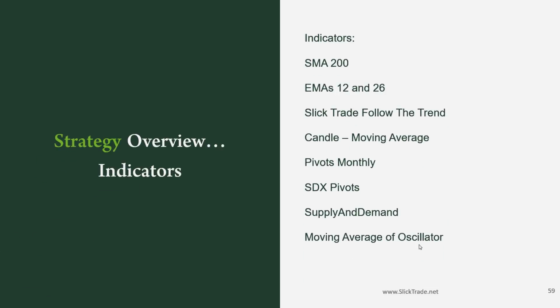The strategy overview, okay, indicators that are used for this are the simple moving average 200, exponential moving averages 12 and 26, the Slick Trade follow the trend indicator, the candle moving average indicator, pivots monthly, SDX pivots, supply and demand, and the moving average of oscillator.